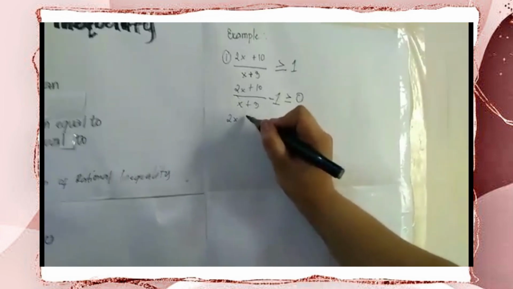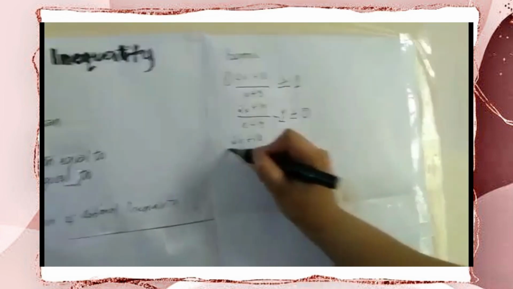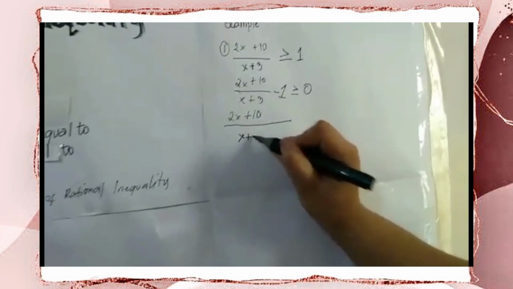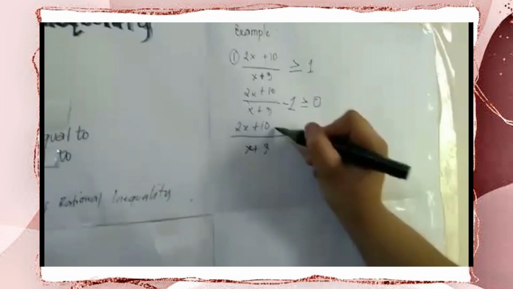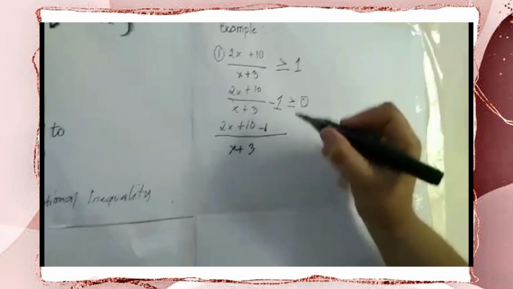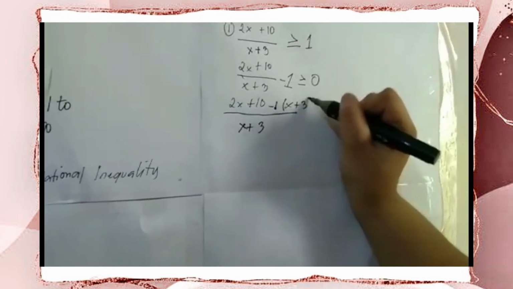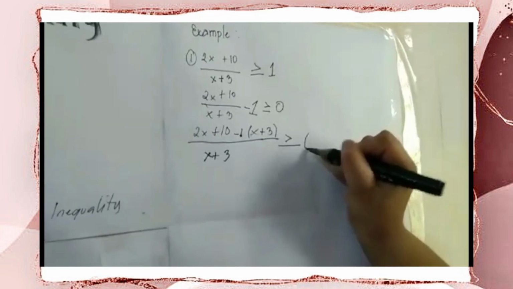2x plus 10, and then negative 1 times x plus 3, over x plus 3, greater than 0.